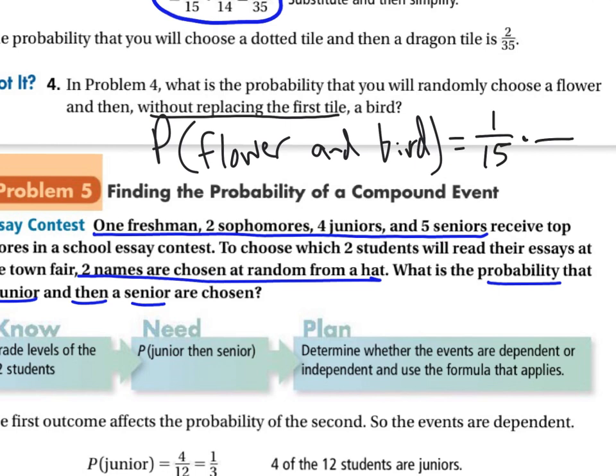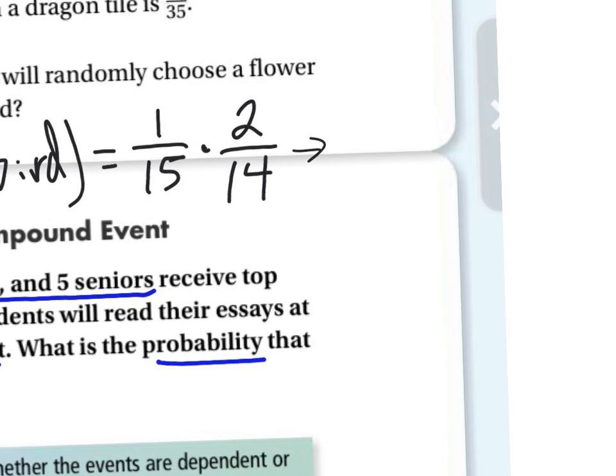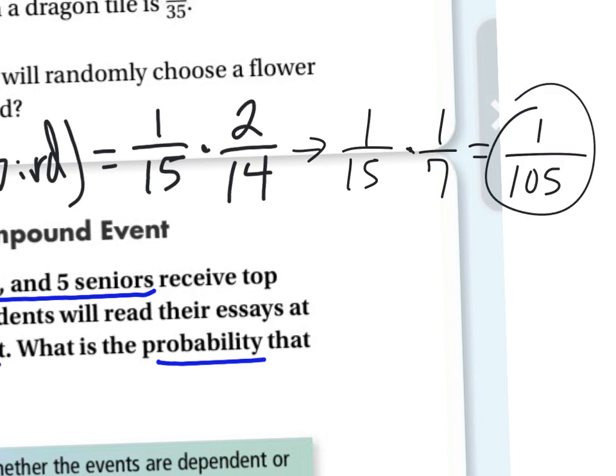If we don't put that one back in, we still have 2 birds, but instead of 15, we would only have 14 tiles left. Again, once you get to that point, if you want to, the 2/14 we could reduce down to 1/7. So that works out to 1 out of 105. So again, a little bit less than a 1% chance of that happening.